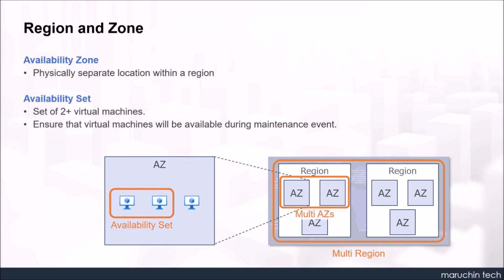If hardware fails in the server rack, the service can continue in another. Azure offers 3 types of redundancy configuration: multi-region, multi-availability zones, and availability set. And by the way, AWS and Google Cloud also have the concept of regions and availability zones.